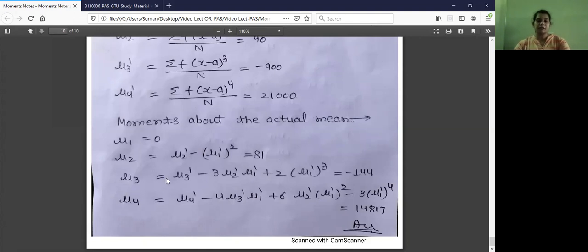mu3 is equal to mu3 dash minus 3 mu2 dash mu1 dash plus 2 mu1 dash whole cube, which is equal to minus 144.